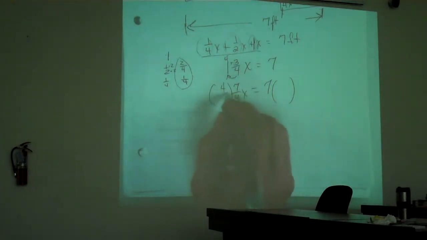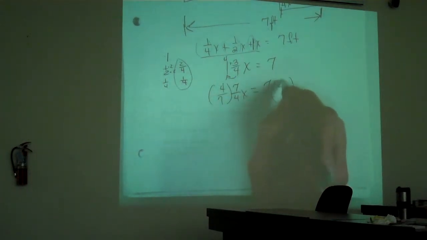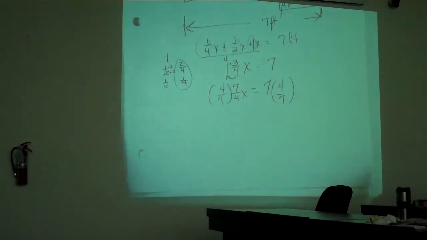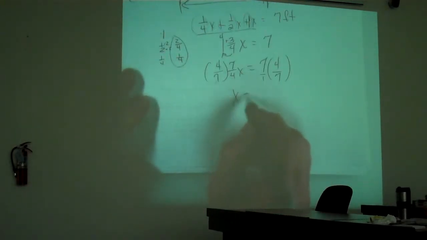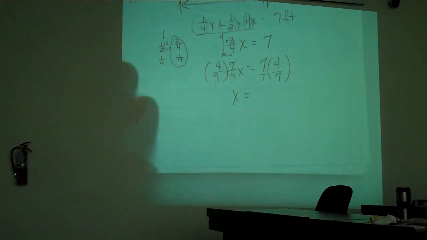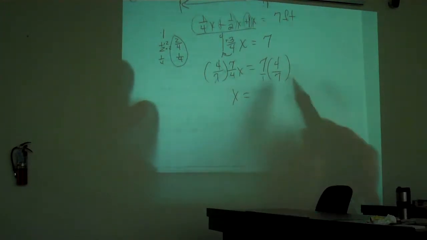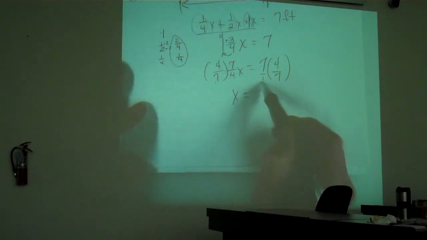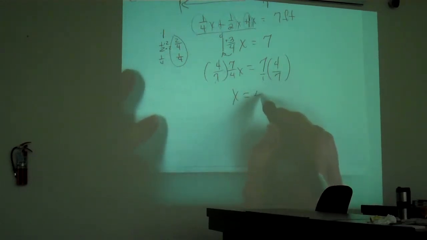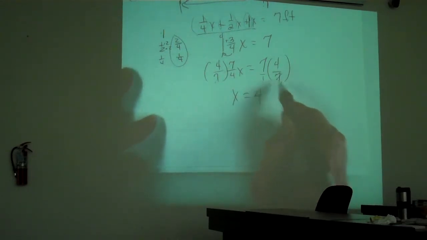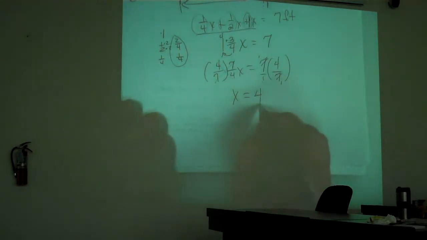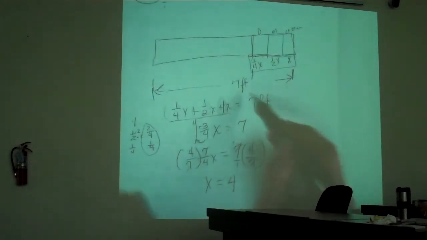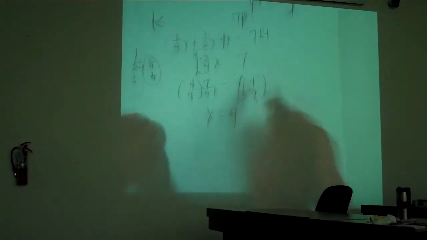So let's multiply both sides by the reciprocal. So this turns into 1x is x. And what's over here? 28 over 7 or just 4? You could divide by 7 here and here. So x is 4 what? This was in feet, so it'd be 4 feet.